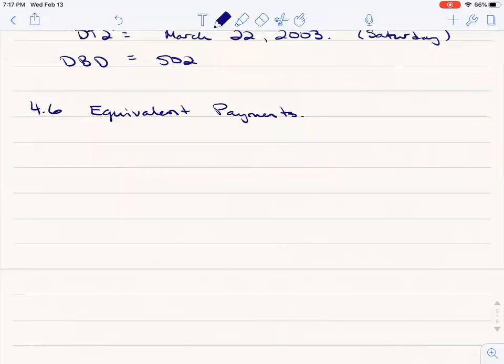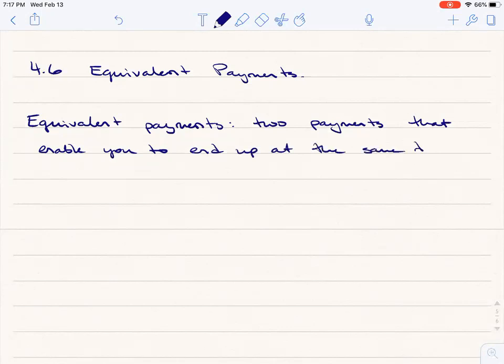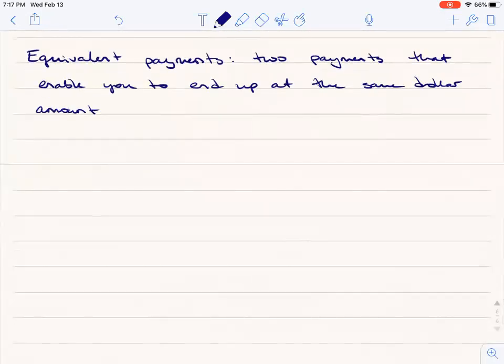Equivalent payments. So let's do a quick little definition. Equivalent payments are two payments that enable you to end up at the same dollar amount at a later date.